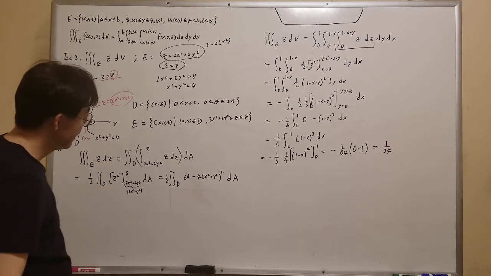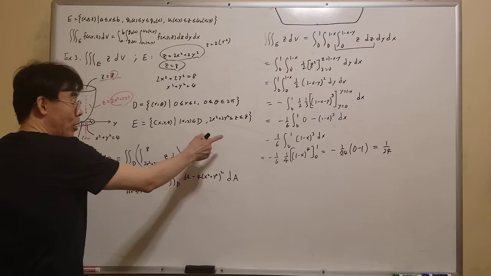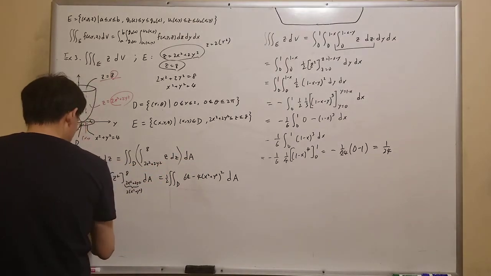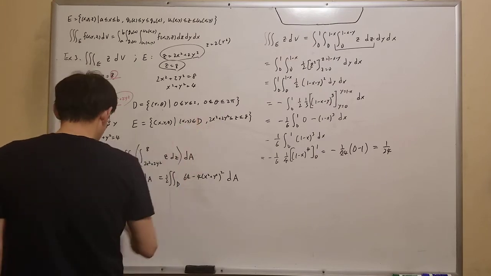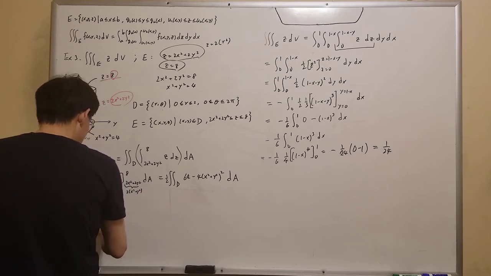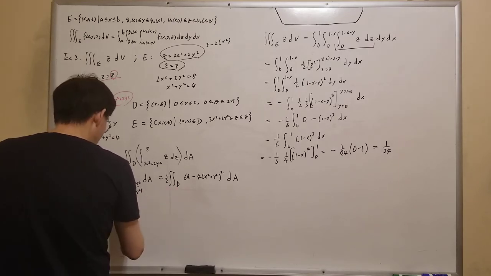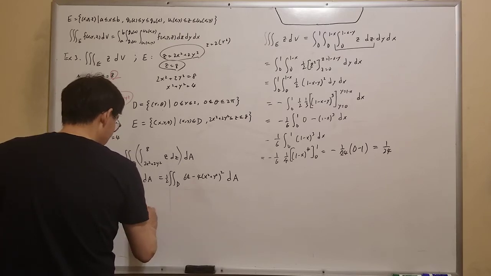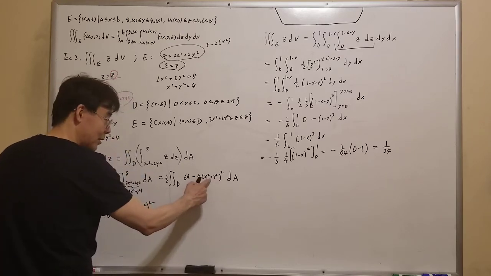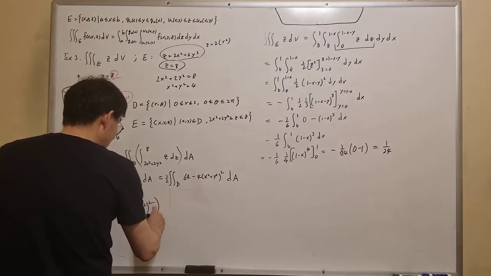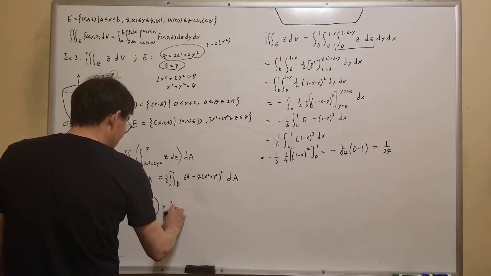Now, we want to write this one as a polar coordinate double integral. Then D can be written with r running from 0 to 2 and theta from 0 to 2 pi. 1/2 copied. 64 minus 4 r squared, squared. Right? X squared plus y squared is r squared, squared. The entire integrand times r dr d theta.